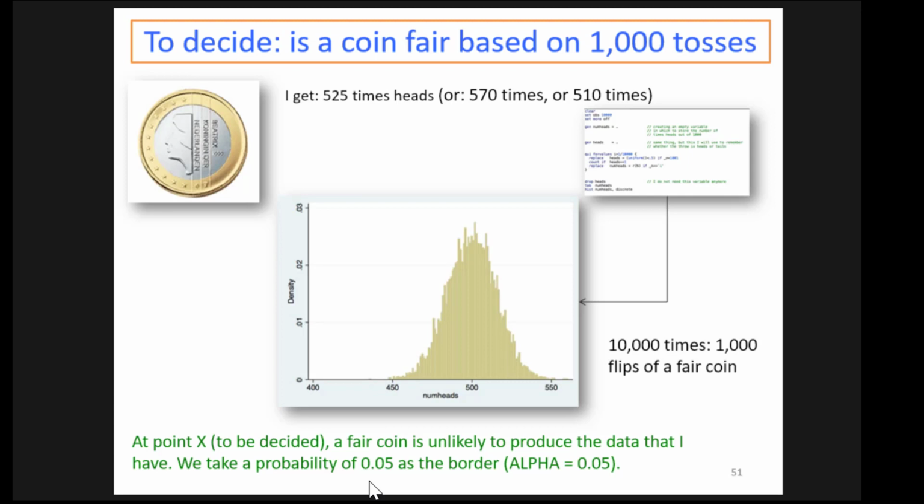And if I get a number like 600, then it's pretty obvious this is not very likely to have resulted from a fair coin, because this is what the distribution would look like if I had a fair coin. So the question is, where can I start thinking, well, we usually take 5% as the standard breakoff point. Where is the number, somewhere over here I think, so that I can say 5% of the cases is over there, and the other 95% is on the left. And we're looking for that now.